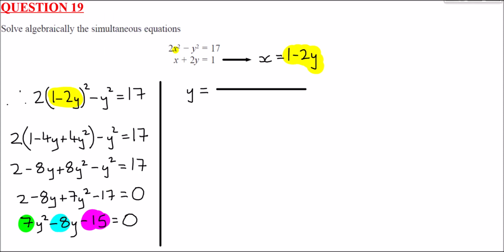So it's going to be minus b, so minus 8, which is plus 8, plus or minus the square root of this number squared, so minus 8 squared, minus 4 times a, which is 7, times c, which is minus 15, and all that's going to be divided by 2 lots of a, which is 2 times 7.